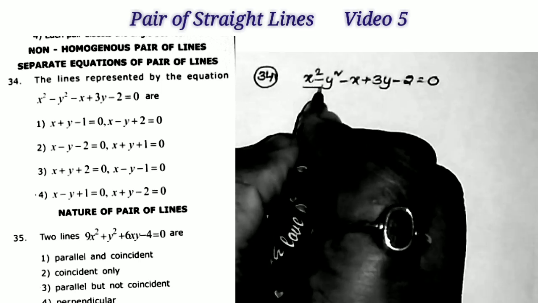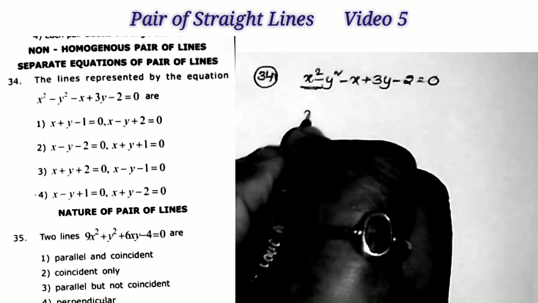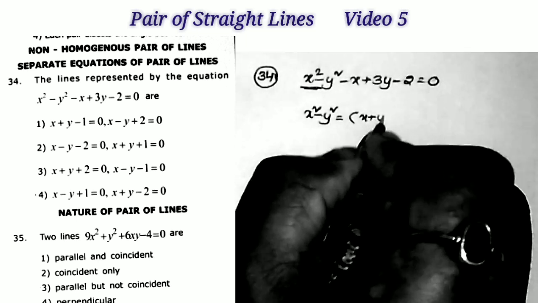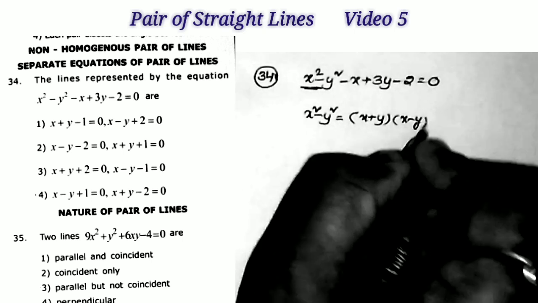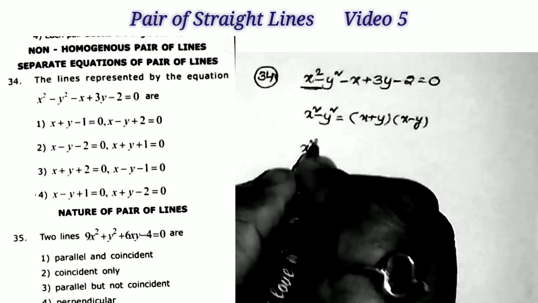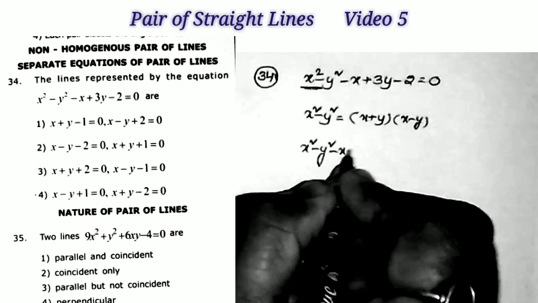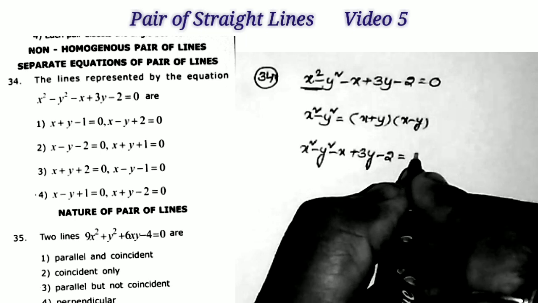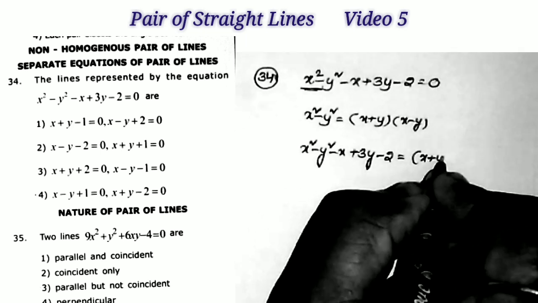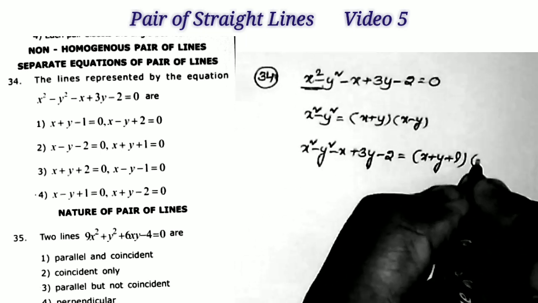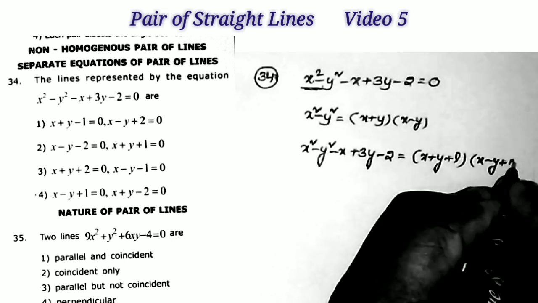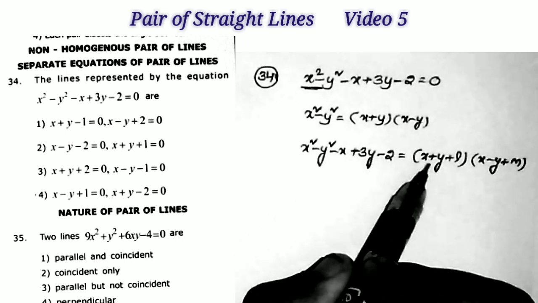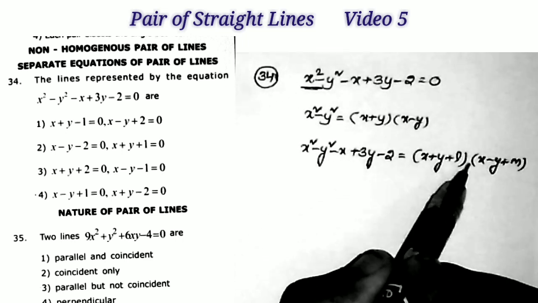First I take only the first two terms, x square minus y square, which is x plus y into x minus y. Now what is the total pair of straight lines? x square minus y square minus x plus 3y minus 2 is equal to the product of these two lines after adding constants: x plus y plus l into x minus y plus m.